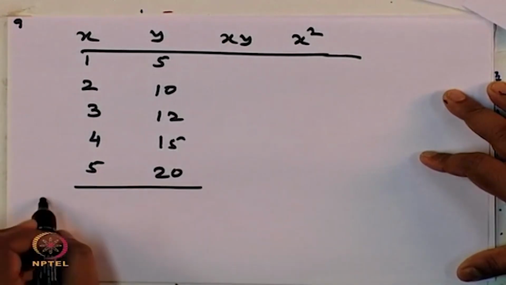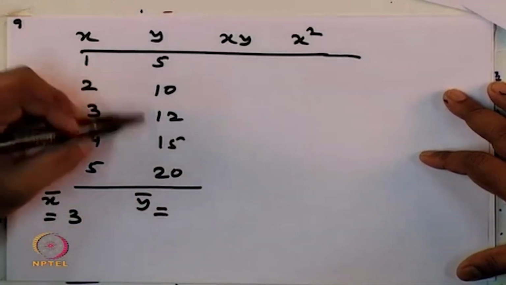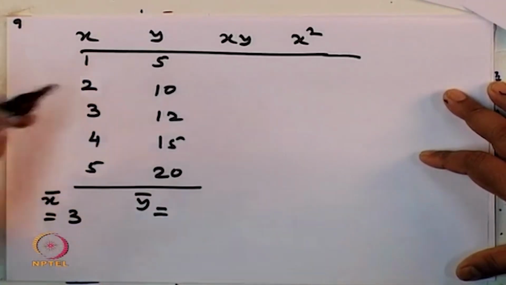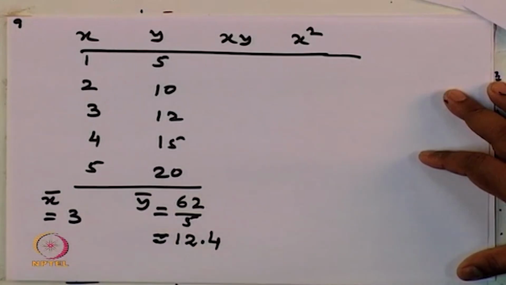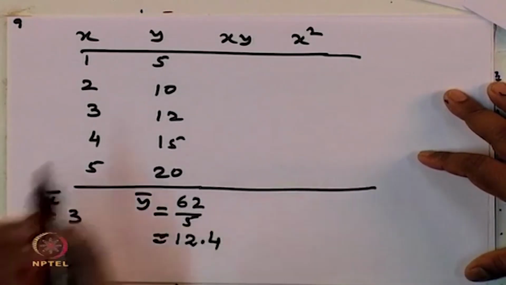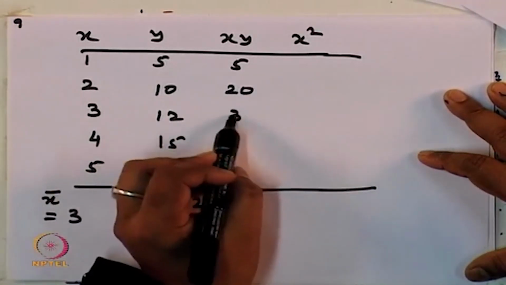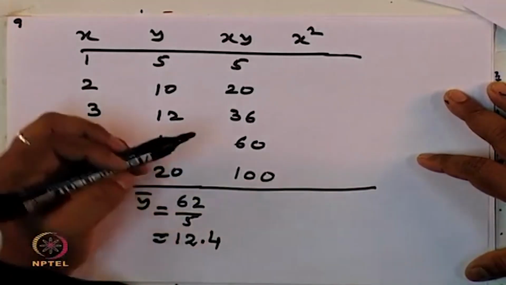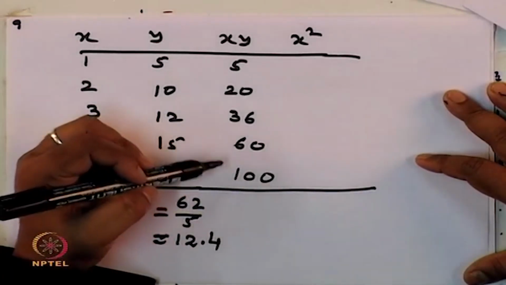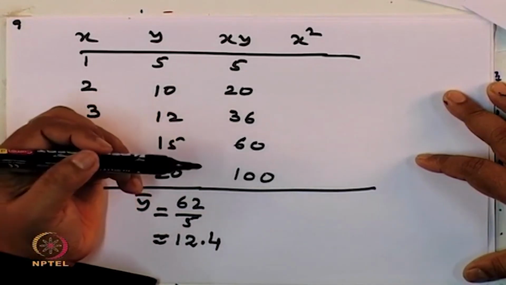So, my x bar is equal to 3, and y bar is 62 by 5, which is exactly 12.4. Let me calculate x y: it is 5, 20, 36, 60, 100.